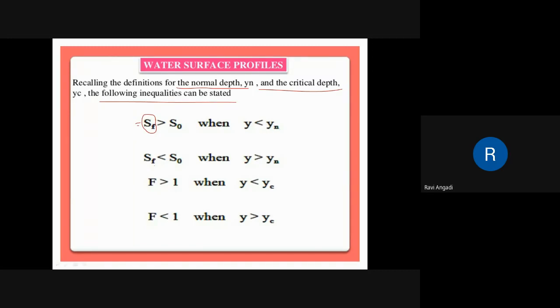If the slope of the energy gradient line is less than S0, the bed slope, then y is greater than yn. If the Froude number is greater than 1, then y is less than yc. If the Froude number is less than 1, then y is greater than yc. That means supercritical flow and subcritical flow respectively.